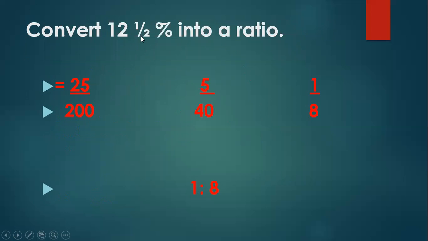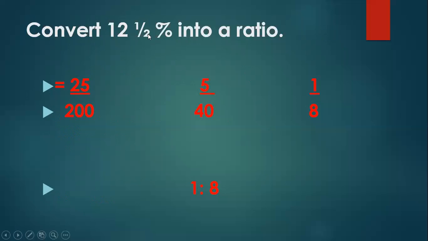Another example, convert 12.5% into a ratio. Remember, this is a percentage, not a fraction. So the first thing I want to do is convert it to a fraction. 2 times 12 is 24, plus 1 is 25, so 25 over 200. Where did I get my 200 from? It is because the 2 is down here, and also 100 is supposed to be here.